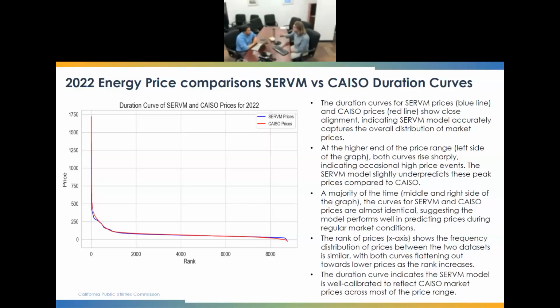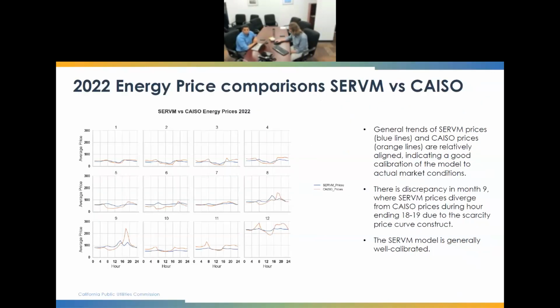It seems like our audio is breaking up, so let me say it again. As you see, in general, our price patterns seem to align well with the CAISO prices. There are some elements of the CAISO prices that are not represented by our model.